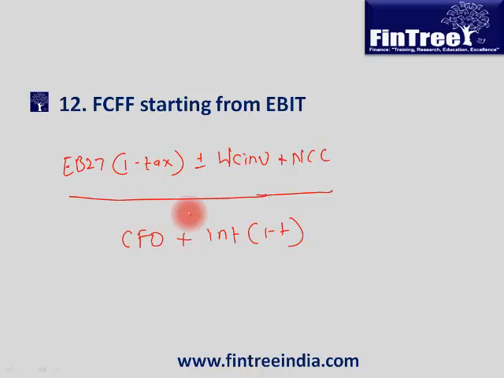So CFO plus interest net of tax I get directly, and once I have that, then simply plus or minus fixed capital investment, and then you get FCFF starting from EBIT. Let me repeat it again. FCFF starting from EBIT: EBIT times 1 minus T, plus non-cash charges, plus or minus working capital investment, and plus or minus fixed capital investment. Should we move?